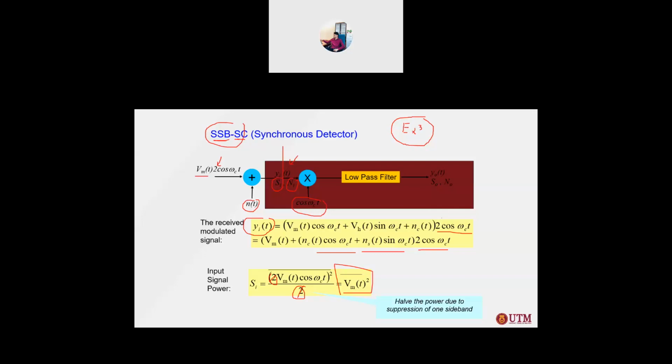I don't know where this one comes from. So it should be cos omega ct only. If I am wrong, let me know. But this one I think is an error in the book, because it's weird; this one should be the same way.